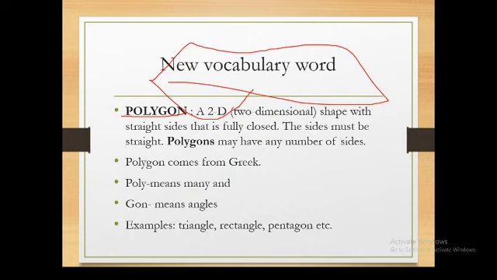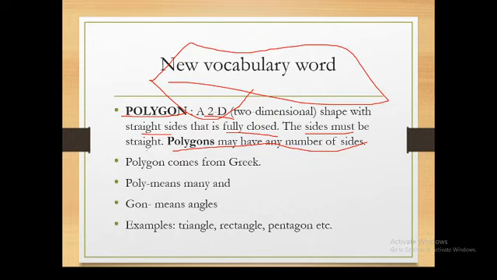So a polygon is a 2D shape and it has straight sides and these sides are fully closed. So these are important things for a polygon. It has to be 2D, it has straight lines and has to be fully closed. The sides must be straight. A polygon can have any number of sides. As I have already told you, poly means many.